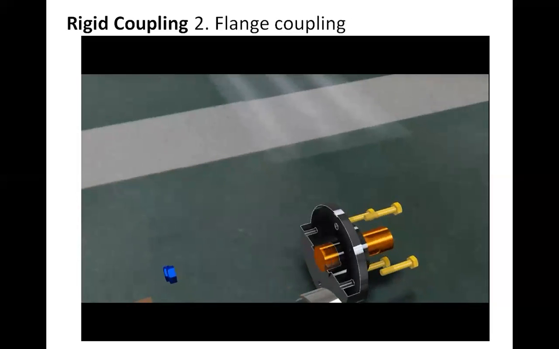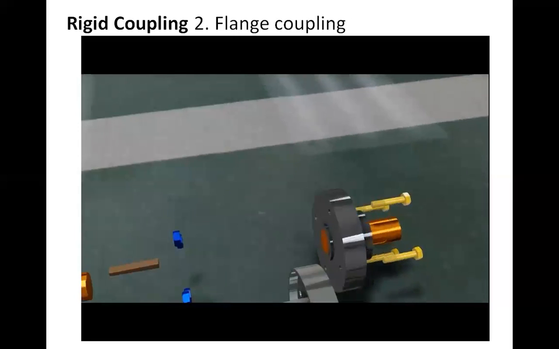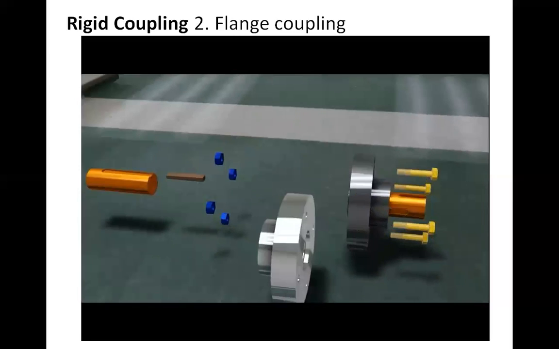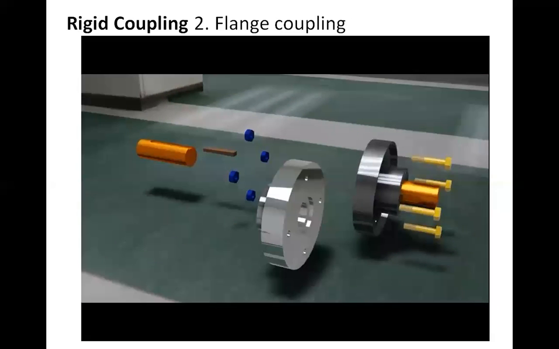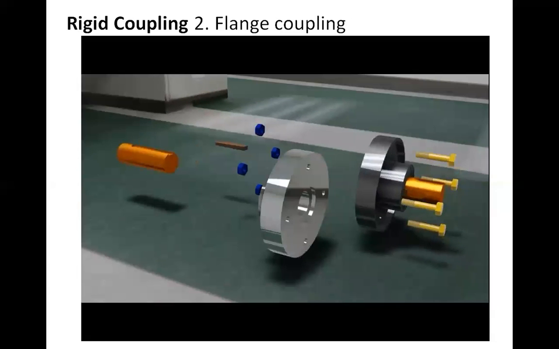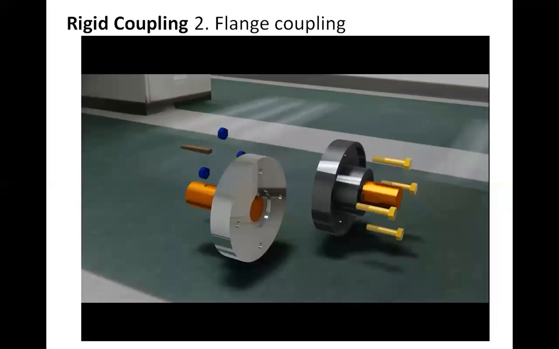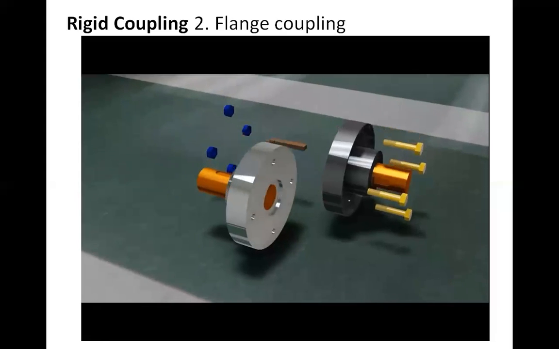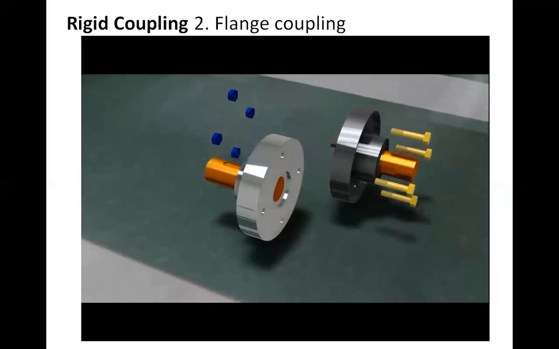You can see here one flange is connected with the right-hand side shaft. In a similar way, one more shaft is connected to the other flange, and the key as a locking element is inserted inside that flange.